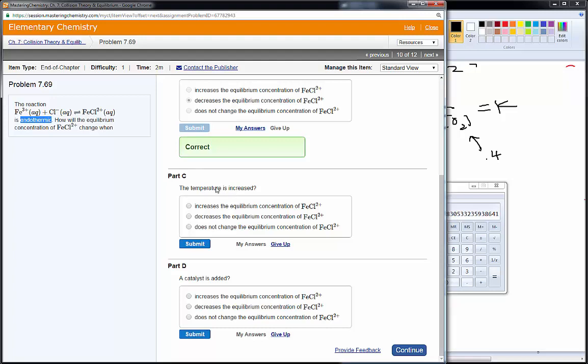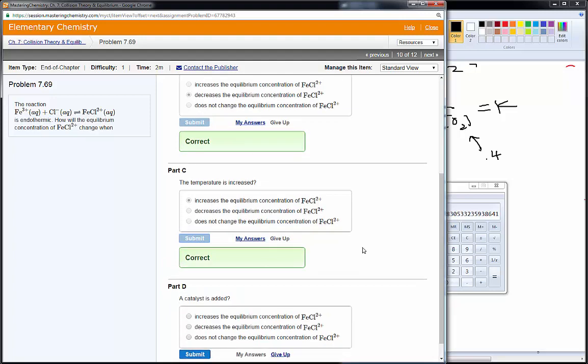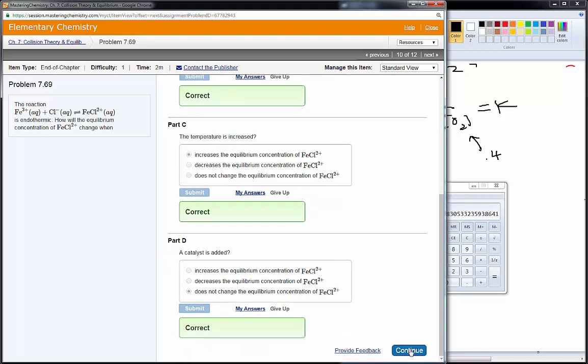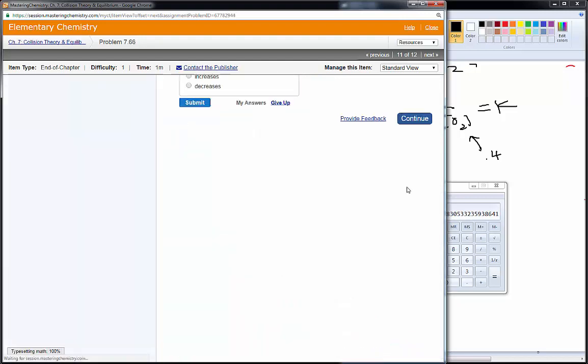So if I increase the temperature, that's like adding more heat or adding a reactant, so I'm going to get more of my product here. And finally, catalyst does not change equilibrium concentrations. It only changes the rate at which those are achieved.